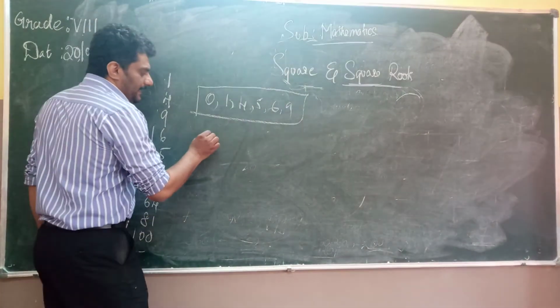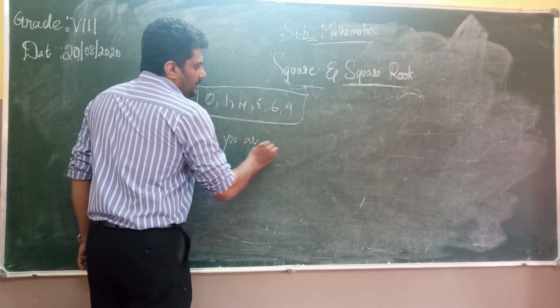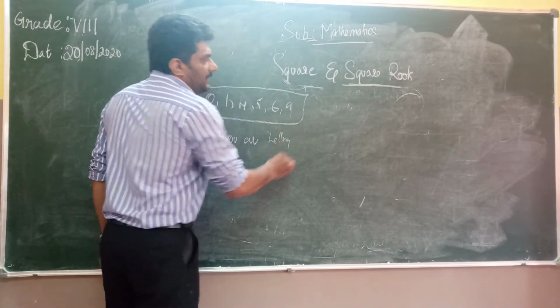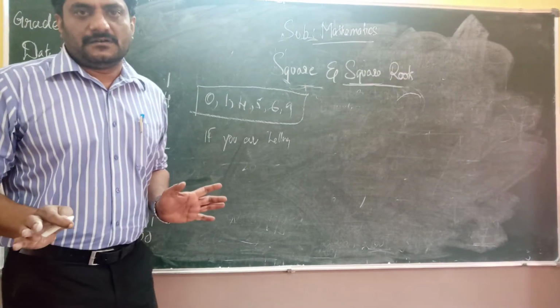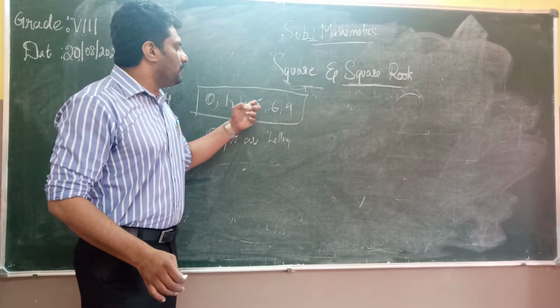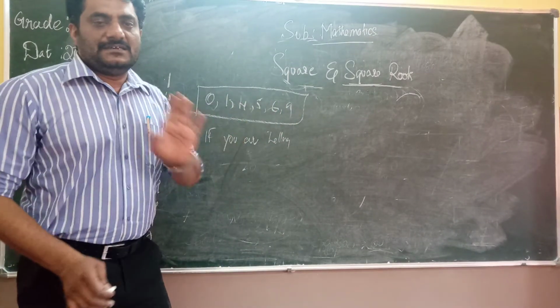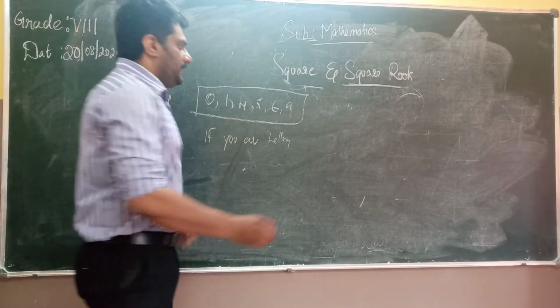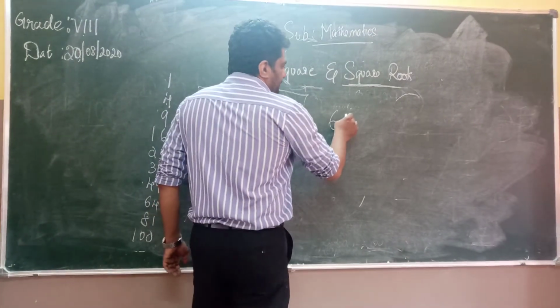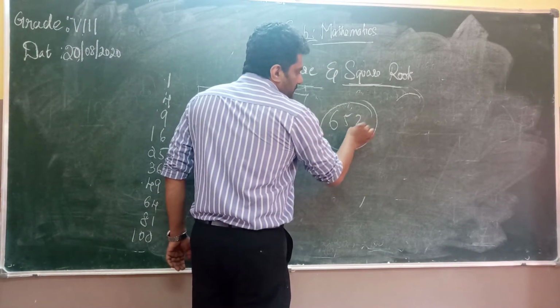So if you are telling any square number, make sure that you have 0, 1, 4, 5, 6, 9 in the end. If you do not have, then it is not a perfect square. If I tell randomly 6, 5, 2, what is the unit digit? 2, right?